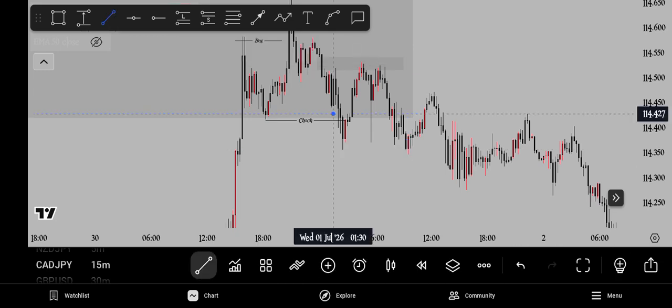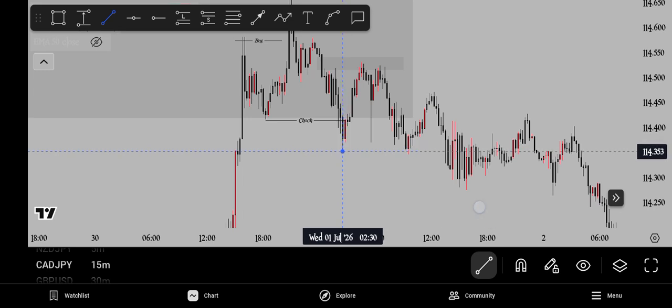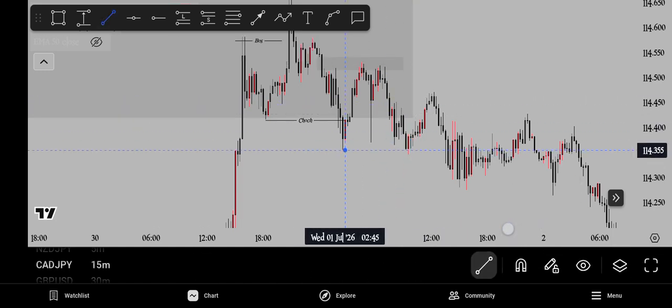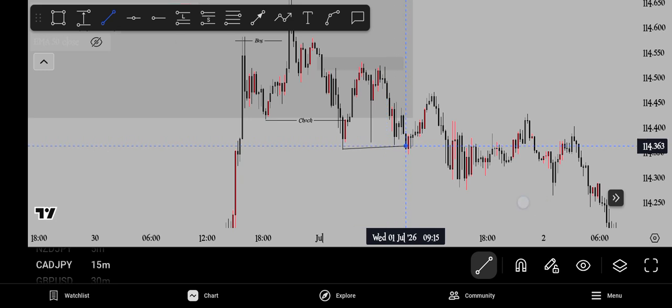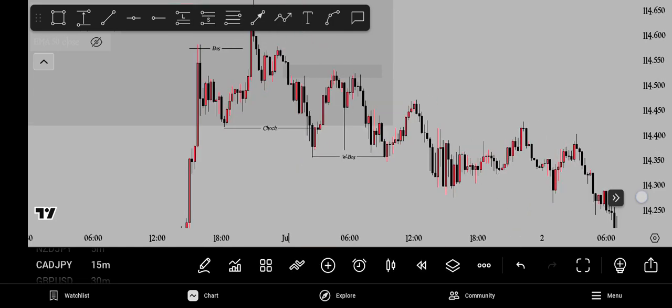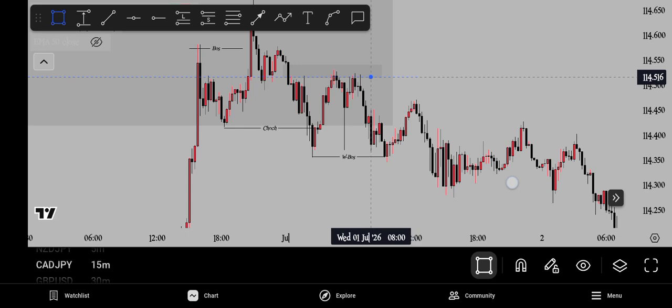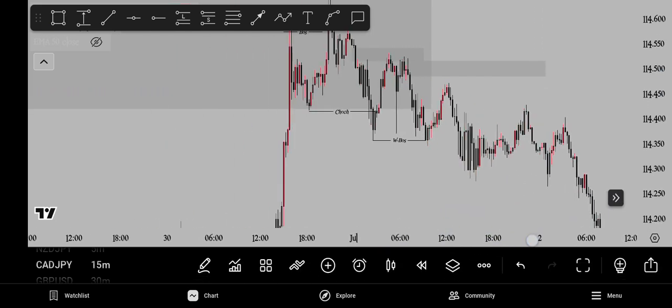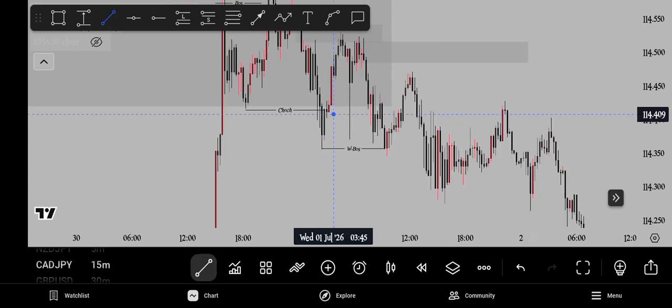Giving us a weak break of structure here. Giving us a weak BOS and a break of structure here.